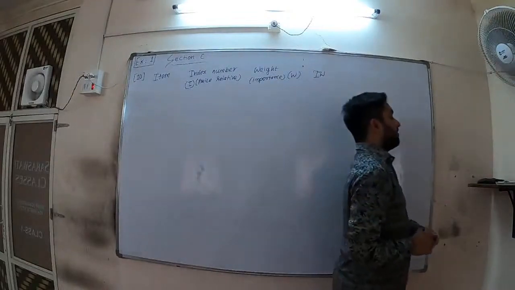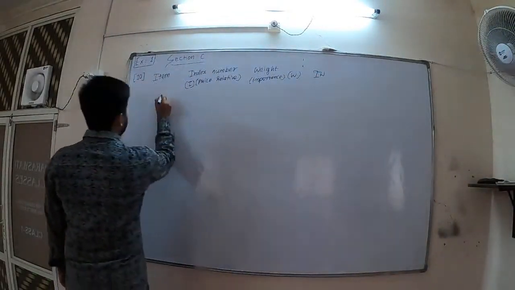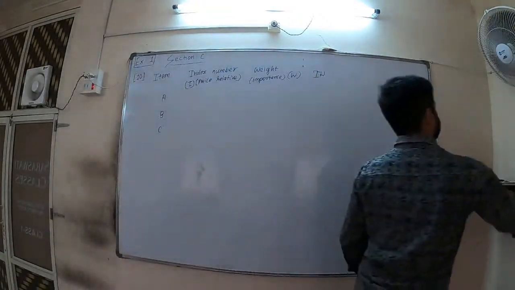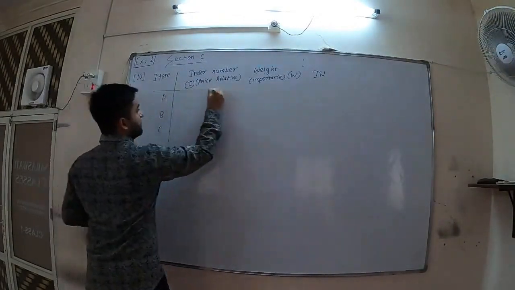Now the names of the items are also not given, so we can name them A, B and C. I am drawing the lines.